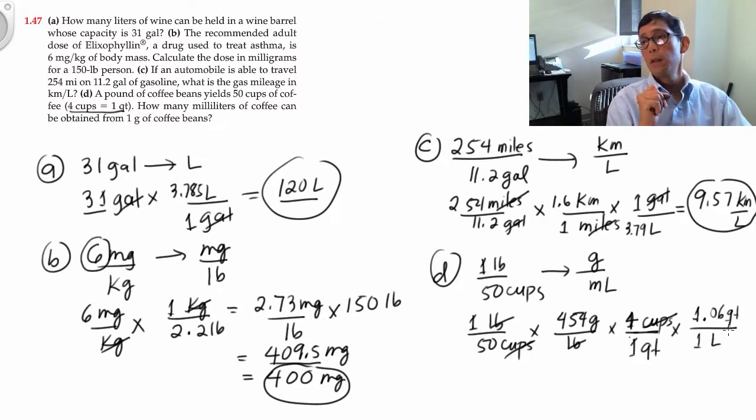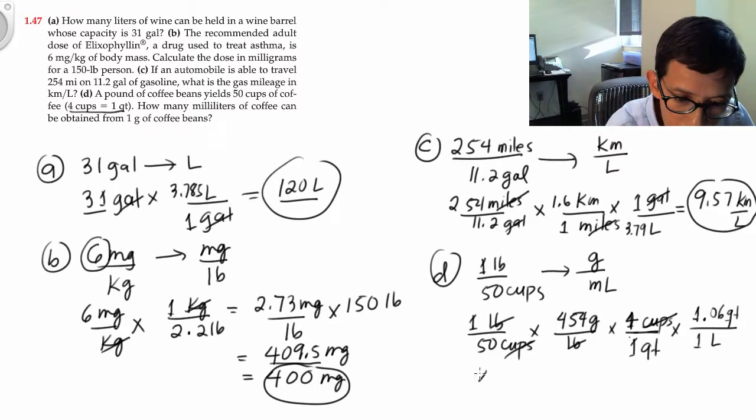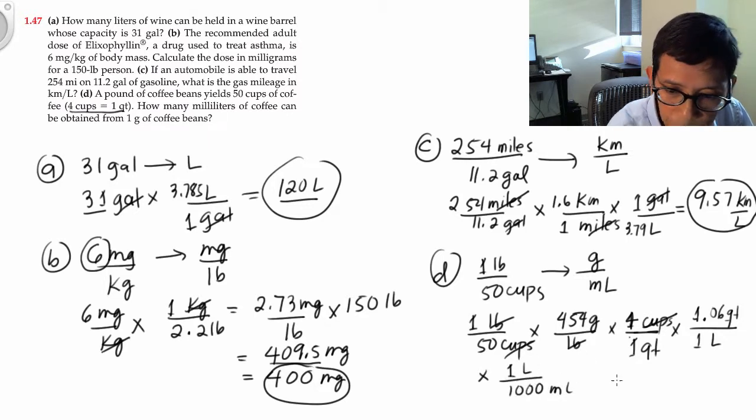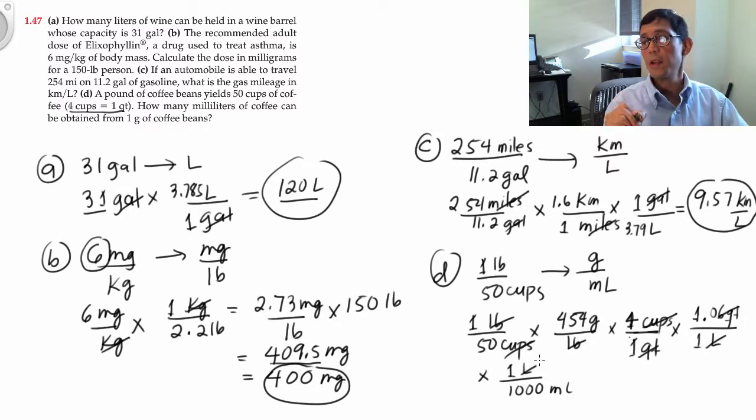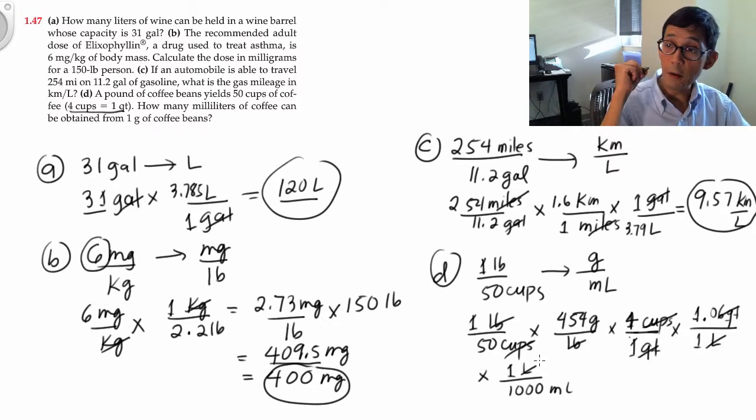But we don't want liter as our denominator. We want milliliters. So times, in 1 liter there are 1,000 ml. So quart cancels, liter cancels, and in the denominator we are left with ml, and in the numerator we are left with grams.